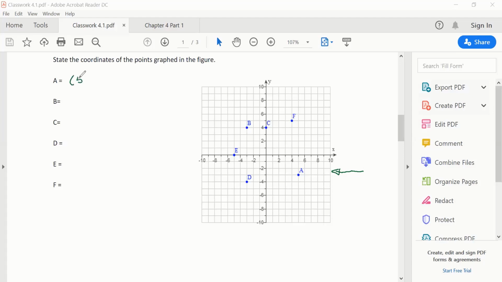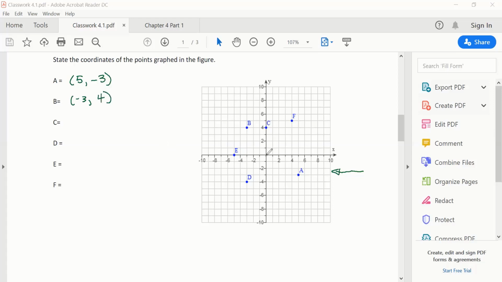So x is 5 and y is -3. Any questions? Okay, so let's continue that for B. We're going -3 in the x direction. And in the y direction, we're up at 4.